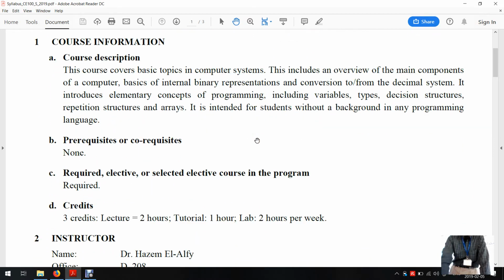First, some information about the course. The description of this course, or its content in brief, is as follows. The course will cover the basic topics in computer systems. We expect that this is your first course in computer systems, so you have no previous information.